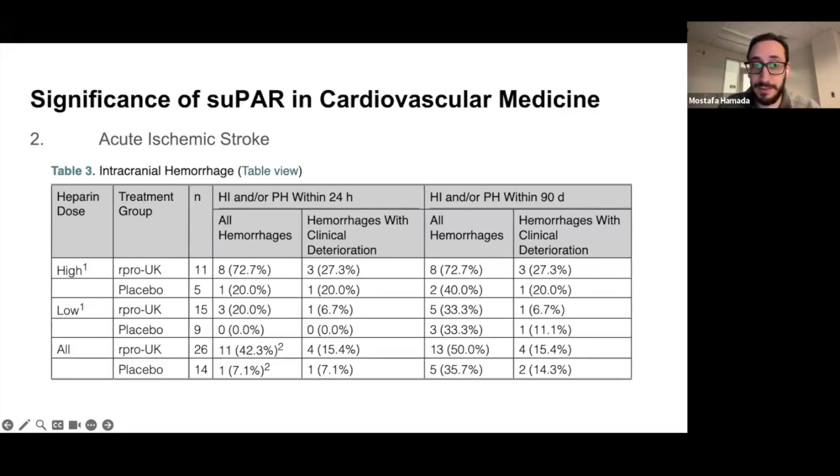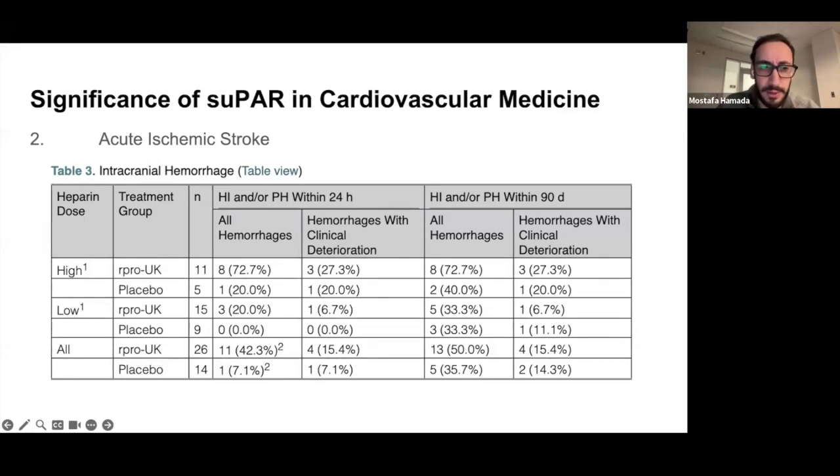By analyzing levels of local suPAR in the bloodstream at the artery of infarction, it can provide many insights into the physiological role of these inflammatory cells proliferating and dividing in the area of stroke. That could also help physicians and clinicians guide the care of the patients.